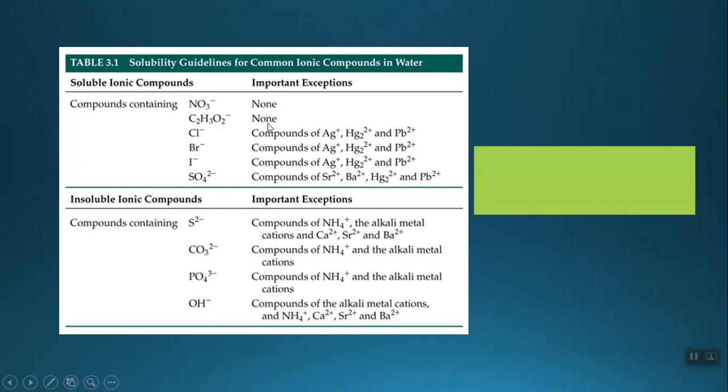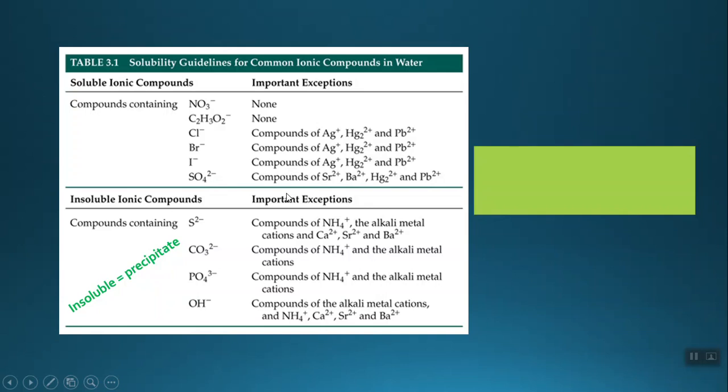Nitrate and acetate don't have any exceptions. They're all soluble. Whereas chloride, bromide, and iodide, if these anions are a compound of silver, mercury, or lead, then they will be insoluble and a precipitate will form, right? Insoluble means a precipitate forms, and a precipitate is a solid substance, okay?